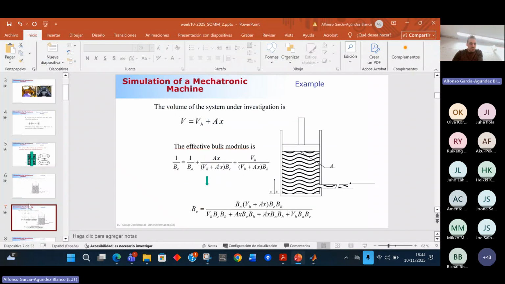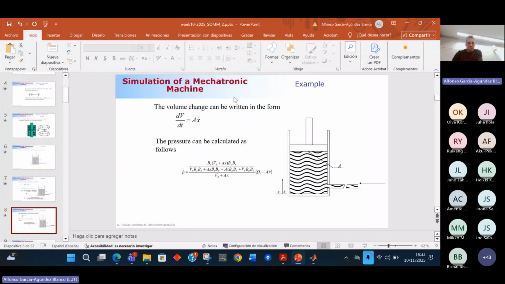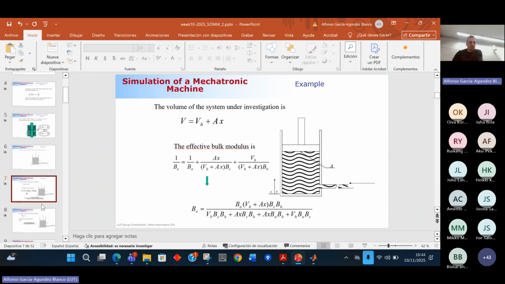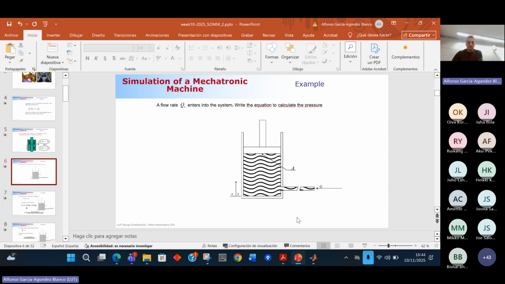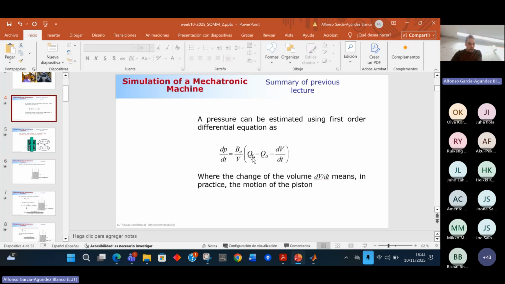So now, once we have the bulk modulus, remember, please, that we are writing this equation. We have already computed BE. We have computed B. Now, one question. Do I have QI in my example? I have an incoming flow rate, coming from the hose here. So in this differential equation, I will have a QI.